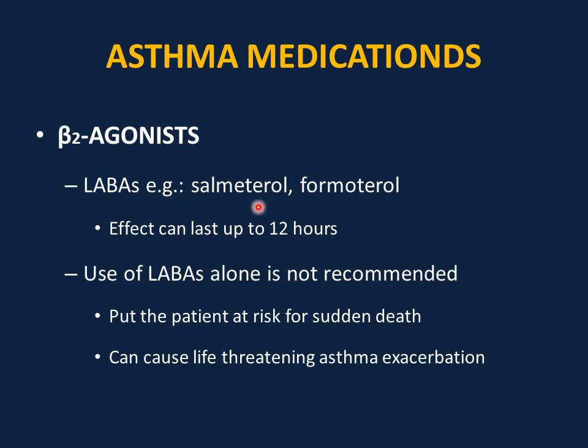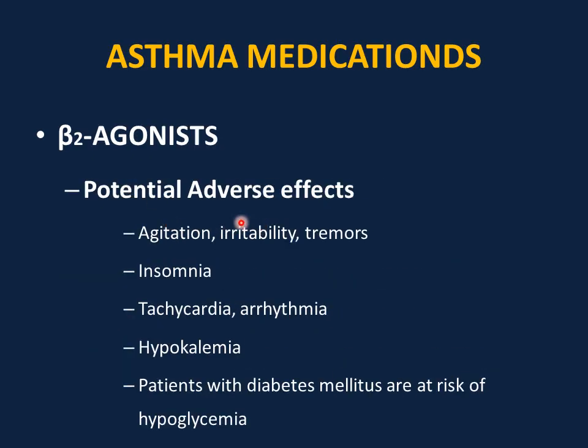This is an excellent medication for the patient with severe persistent asthma, but you cannot use it alone. It has to be used with steroids. If you use it alone, this puts the patient at risk for sudden death related to the asthma and can cause a life-threatening asthma exacerbation.